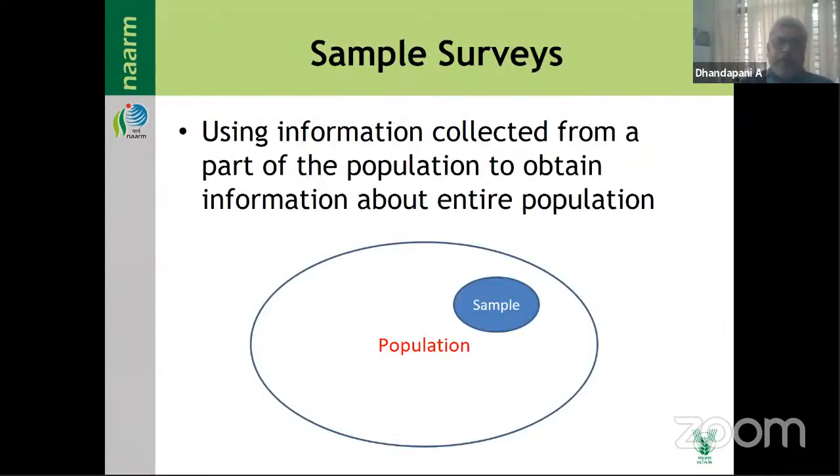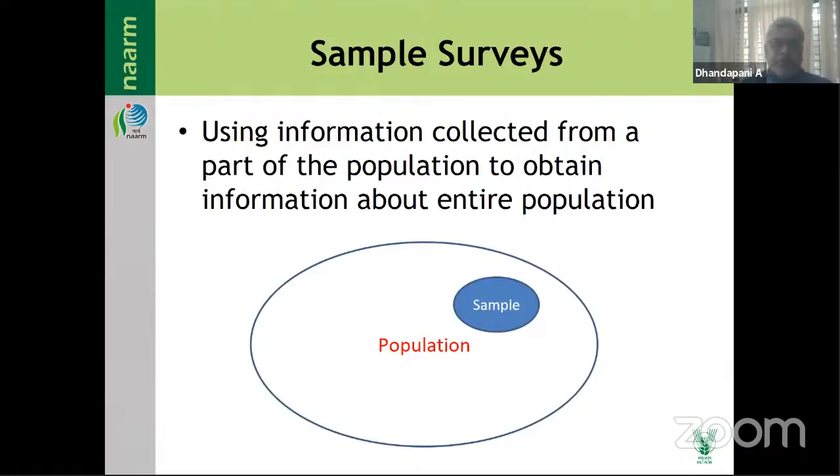If you try to visualize what we are trying to do, there is a bigger population. We want to know a particular piece of information about the entire population, but we don't want to collect information from the entire population. We want to select a subset, which is a sample.